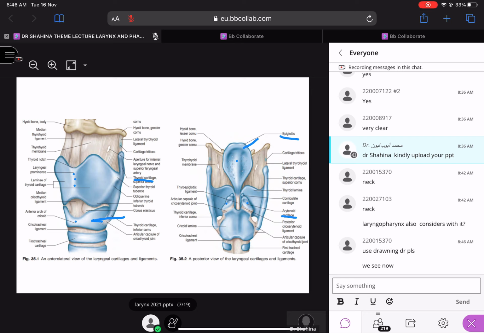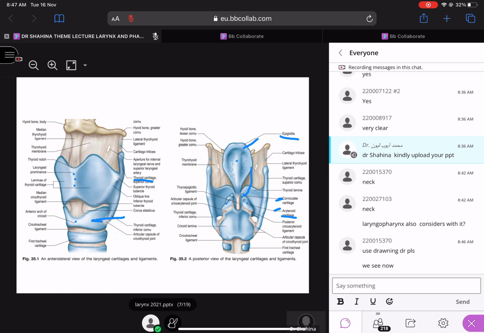Now this is the arytenoid. Sitting over the apex of the arytenoid is the corniculate. So this is one pair, this is another pair. Then you have the cuneiforms. They are very tiny, rod-like, somewhat anterior to the corniculate, in the aryepiglottic fold, which extends from the arytenoid to the epiglottis, in the lower part of the fold.